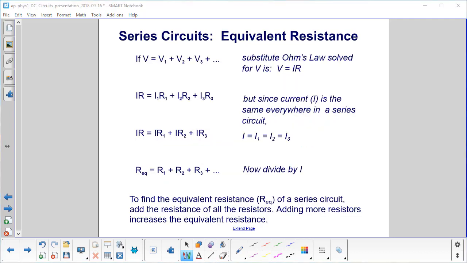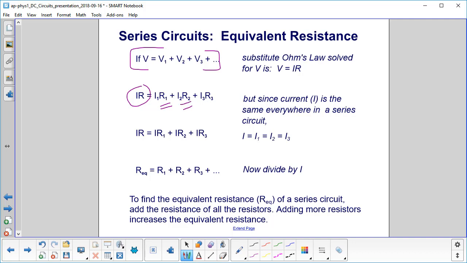We'll do a little bit of math now. We said on the previous slide that the sum of the voltage drops through all the circuit elements, in this case just resistors, has to equal the total voltage. Now what we're going to do is substitute in for each voltage IR from Ohm's law. So we have IR here, that's the total voltage. Then I1R1, that's the voltage across resistor 1.